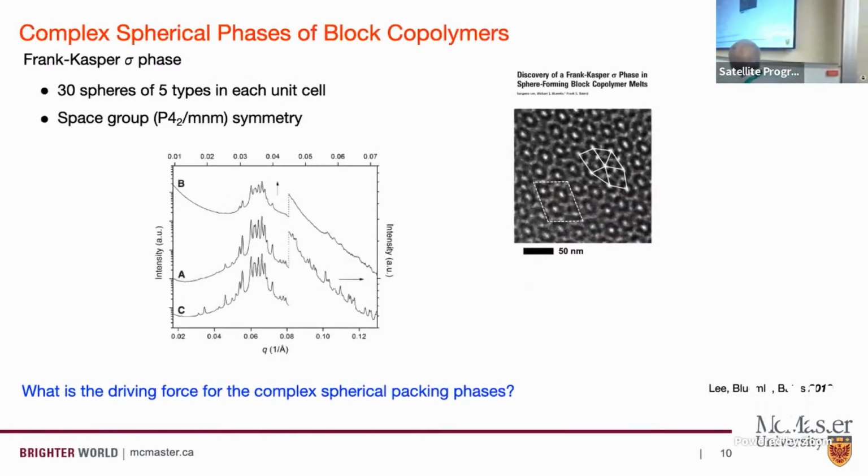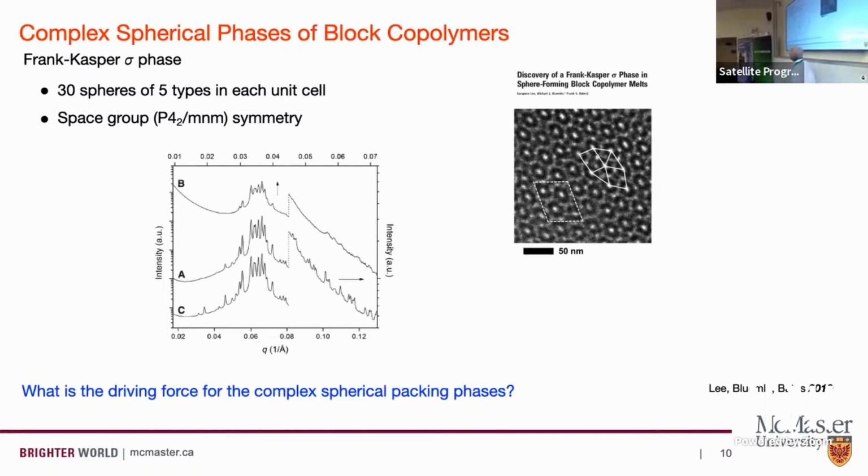This is one experiment from the Frank-Kasper group, published in 2010. What they found is that they just have a diblock copolymer, the simplest one, and they found a scattering pattern that looks like this. Initially it doesn't look like anything.